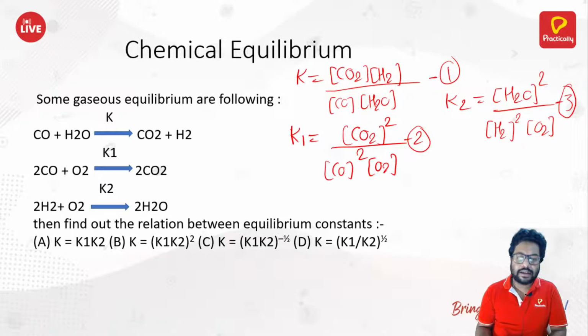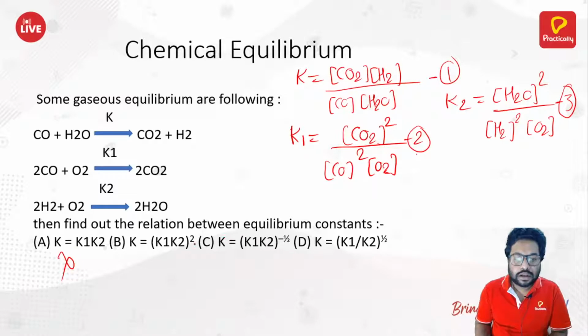So firstly, they have said first relation is K1 into K2. If you multiply K1 into K2, do we get the K or not? We need to observe that. So if you multiply this equation and this equation, let's see what do we get. Nothing is getting cancelled out and you are not getting K also. So that means this cannot be your answer.